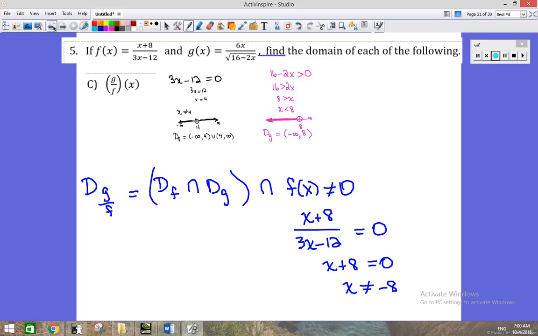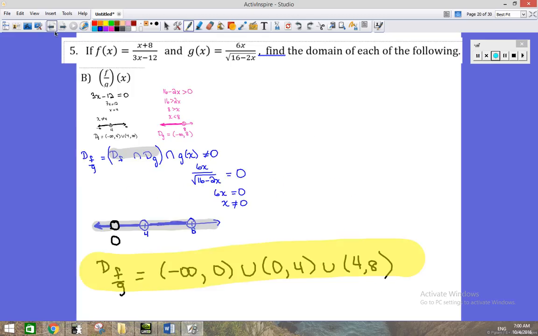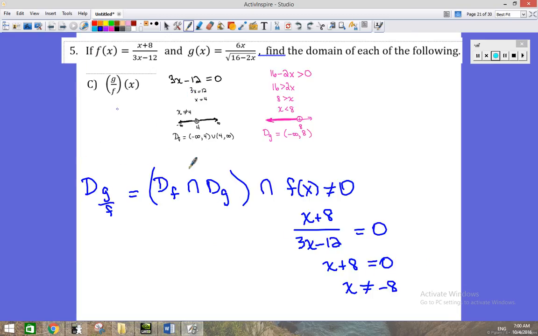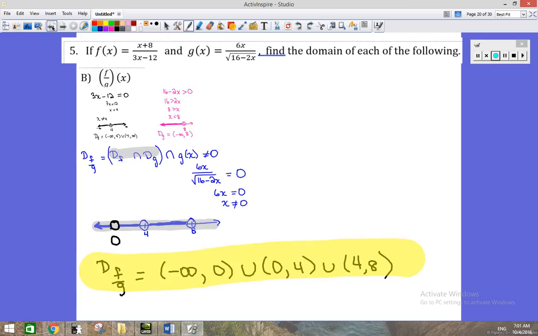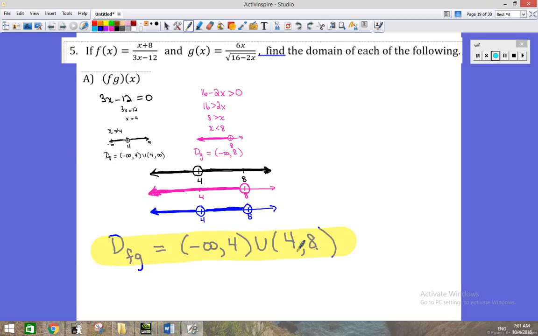So negative 8 is what we're excluding. So this time 0 is okay. So we go back to just the intersection of f and g.